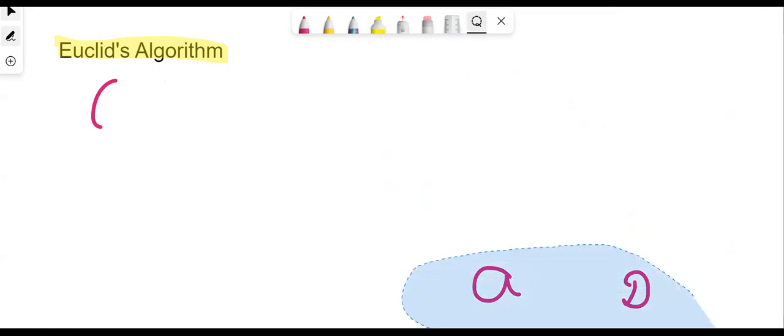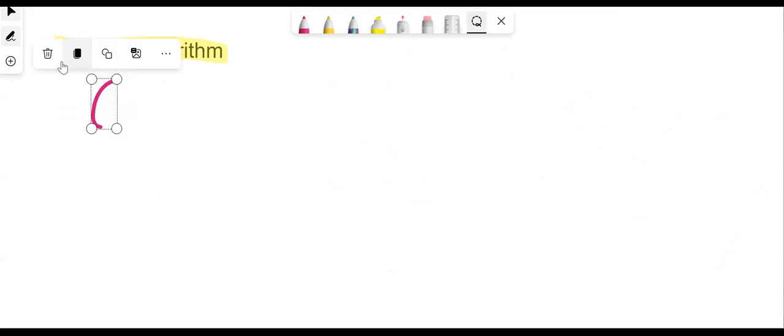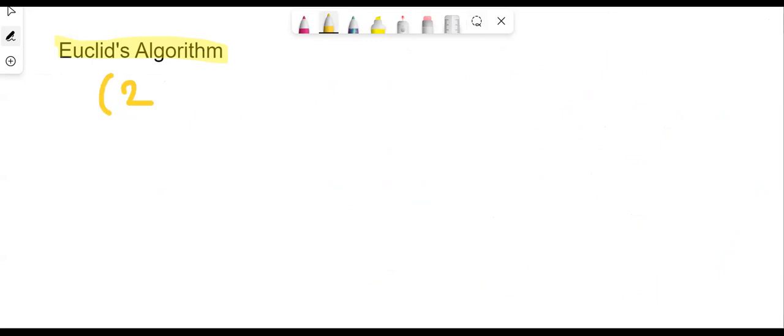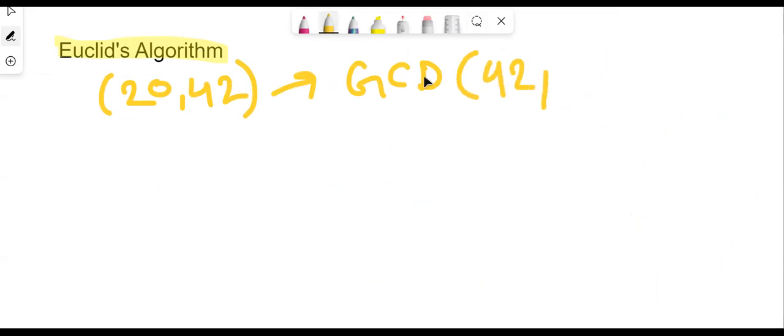Okay, let me do this. So we have the numbers, let's take the same 20 and 42. We want to find the GCD, and the condition was that a should be greater than b. So we will be finding the GCD for 42, 20.